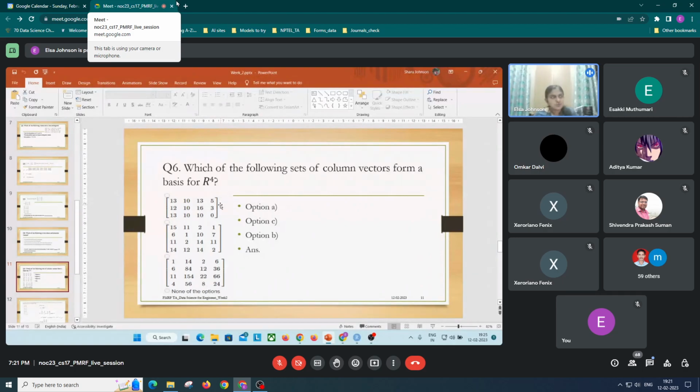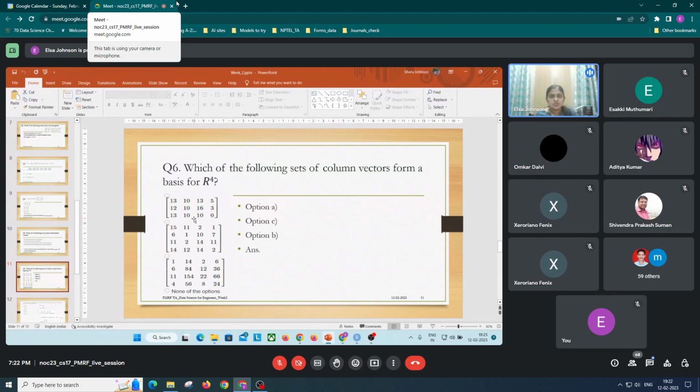So in the first option, like Soundarya said, it should have 4 rows. Here only 3 rows are present. All the things are linearly independent, but one problem is there: it's having 3 vectors only. Okay, if you can see that.